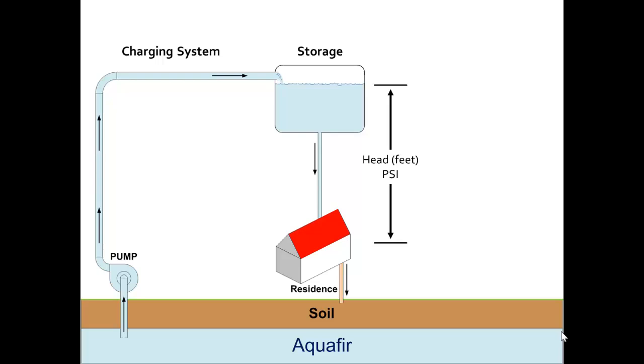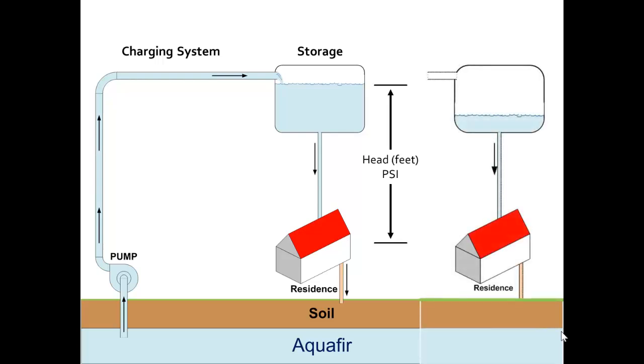You're measuring the amount of weight straight down through that pipe, and that's measured in head. You can also relate it to pounds per square inch. And what we're talking about is gravity, right? Atmospheric pressure, gravity pressure.